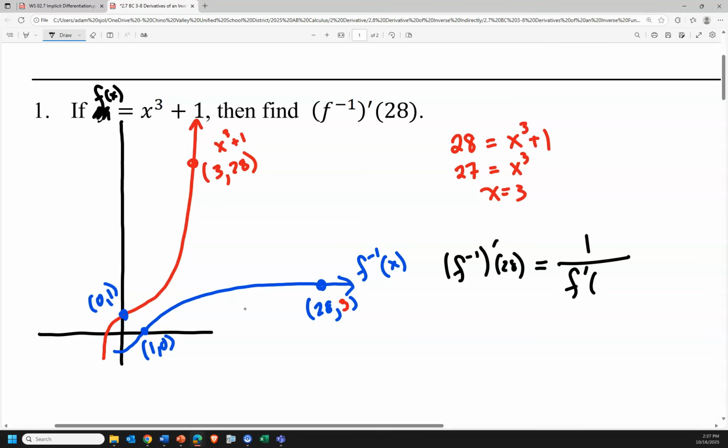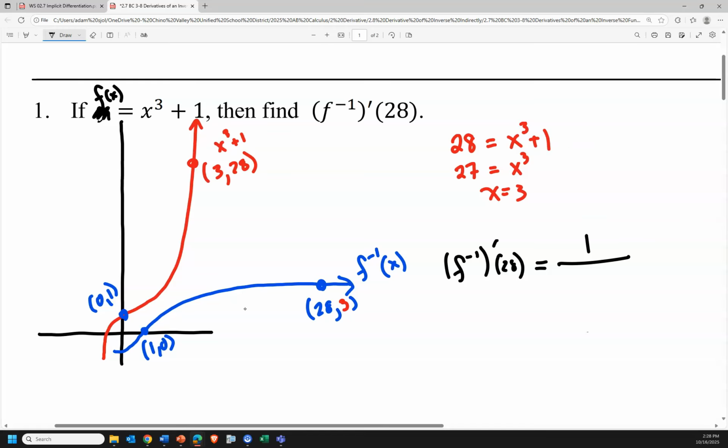That's going to be the derivative of f at 3. And we could do that in reverse. The derivative of f at 3 is going to be the reciprocal of the derivative of the inverse at 28. Right? Because all we're doing is switching x's and y's. Change in y over change in x is change in x over change in y. Okay.